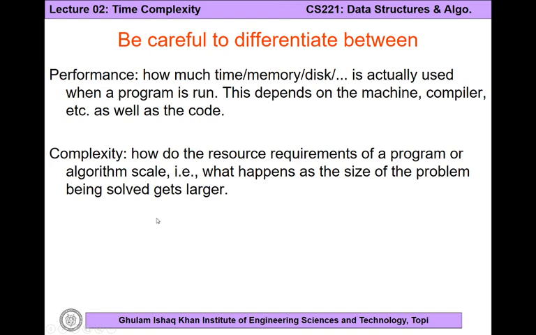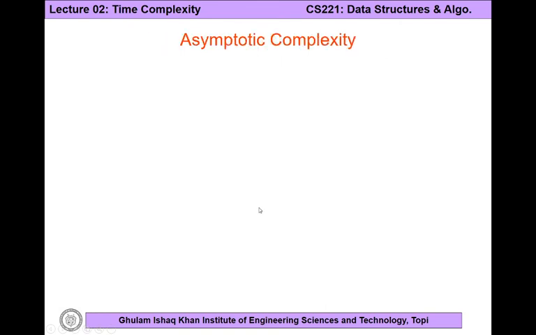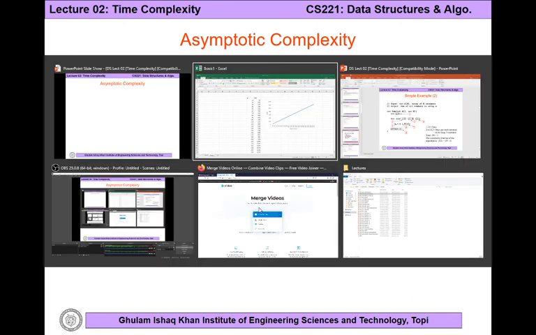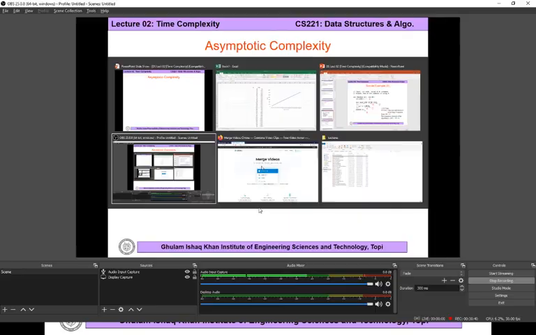So in complexity, we basically measure the scalability of the algorithm: as the size of the input increases, how much is the increase in the resources required, right? That is sufficient for this lecture, and we will carry on with this example in the next lecture, where I will explain the asymptotic complexity of the code.